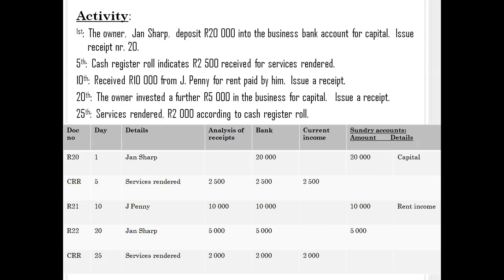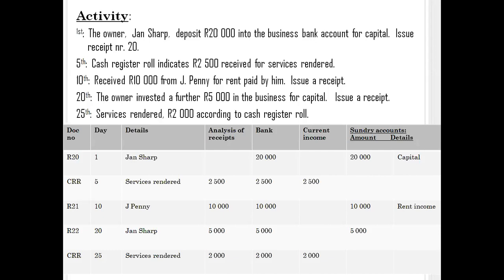Then on the 25th, services rendered 2,000 Rand according to the cash register roll. So again, let's look at the information we have. It's a services rendered transaction, 2,000 Rand. Cash register roll is your source document. So on the 25th, if you look at the entry, with document number, we've got CRR, cash register roll.